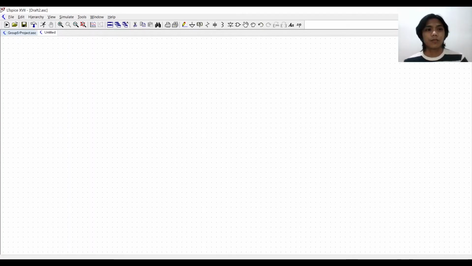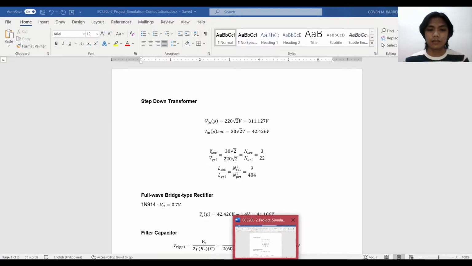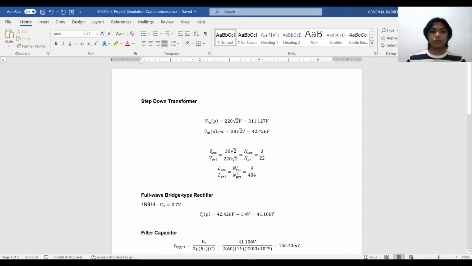So let me first build our group's power supply circuit. We have already calculated the necessary voltages. Starting with the input, this is the primary peak voltage.